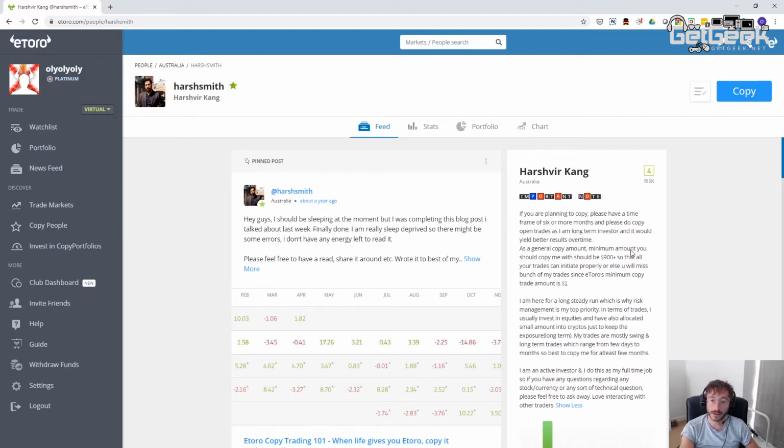As a general copy amount, the minimum you should copy with me should be $900+, so that all your trades can initiate properly, or else you will miss a bunch of my trades, since eToro's minimum copy trade amount is $1. So he's saying there that the minimum you should do is $900.